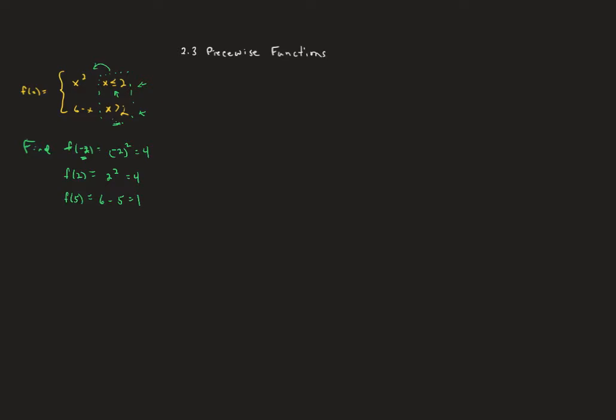Now let's talk about graphing this thing. I'm going to put an axis in here. The idea is that this is going to look like a parabola when x is less than or equal to 2. We know that y equals x squared looks like a parabola that opens up and has vertex at 0, 0. But I'm not going to go forever to the right.